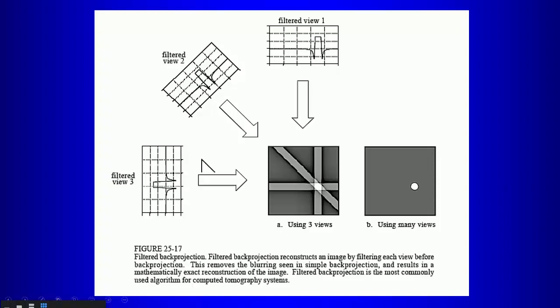So when you do that and superimpose all of the data here, now you get a better representation of the object without that glow around the object where you have the regions of higher attenuation. So this is the principle of filtered back projection, and up until a few years ago, this is what was used in all of the reconstructions of your CTs because it was computationally not very demanding, right?